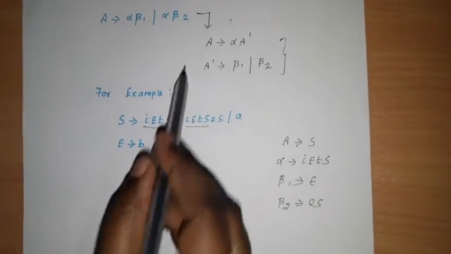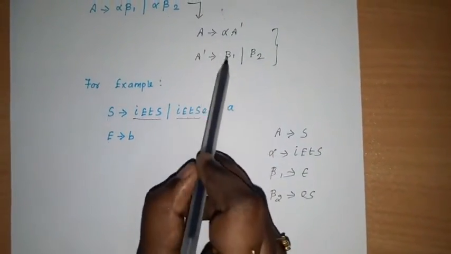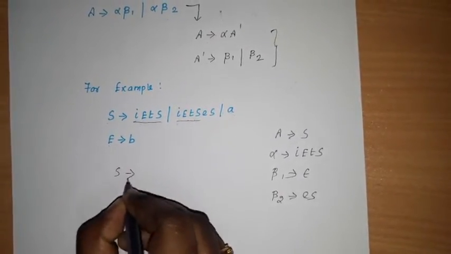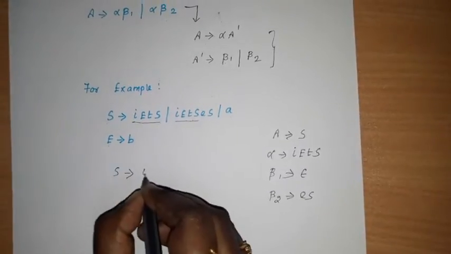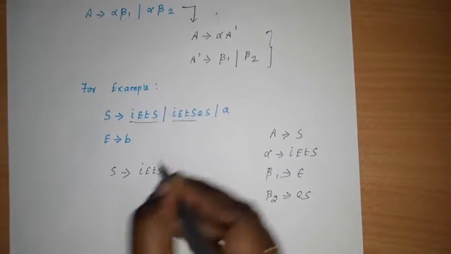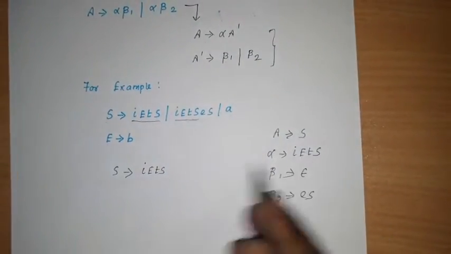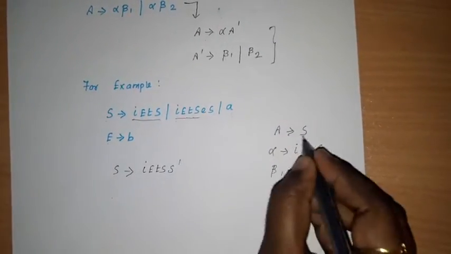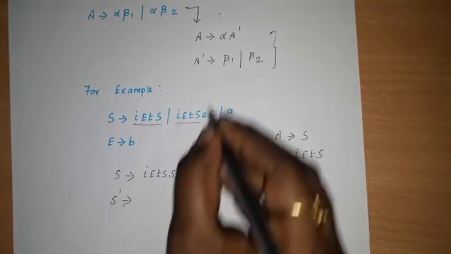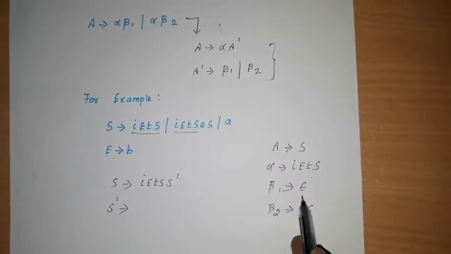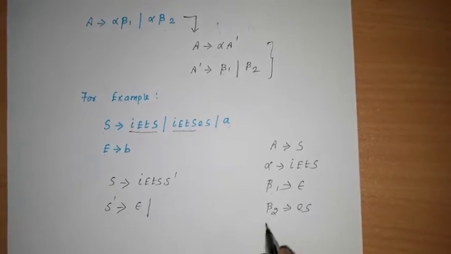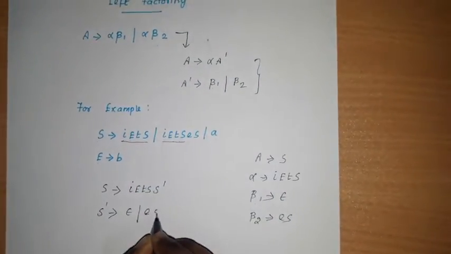Now we have to eliminate the left factoring by using these two rules. A is S, so S tends to alpha, which is iEtS, then A dash is S dash. Then S dash tends to beta 1 slash beta 2, where beta 1 is epsilon and beta 2 is eS.